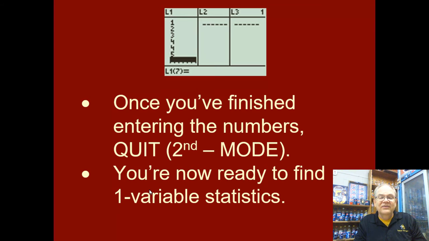Once I have everything in the list, I can just hit quit, which again is second, and then the key right next to second. And that gets me right back to the main screen so I don't screw anything up. And once I have numbers in my list, I'm ready to do one variable statistics. I'm ready to find things like averages and spread and all of the other things that we can find using one variable stats.